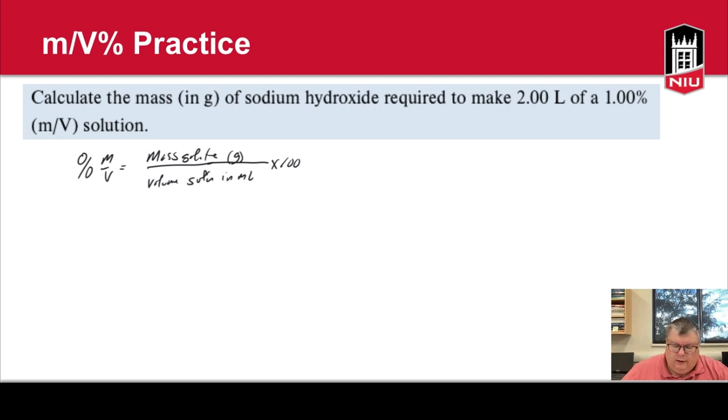We can rearrange this equation if we know the mass to volume percentage and we know the volume of the solution. We can calculate the mass of solute.